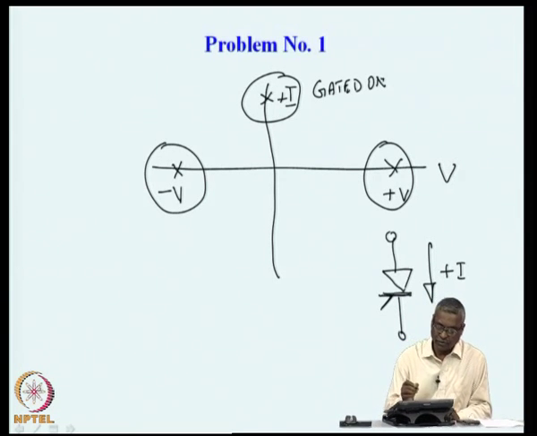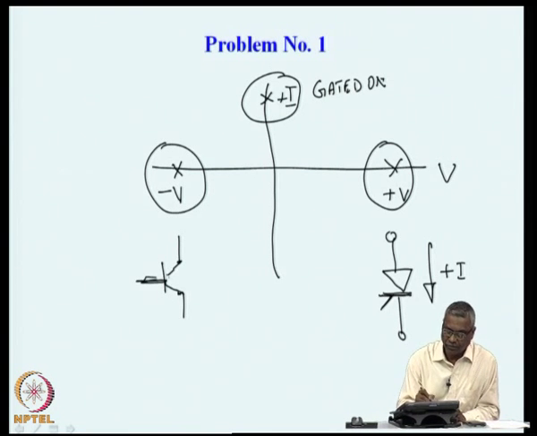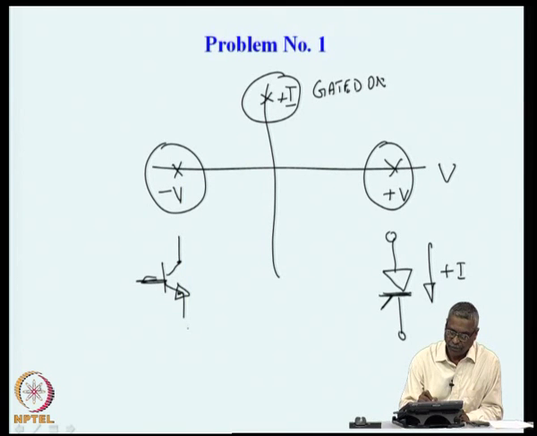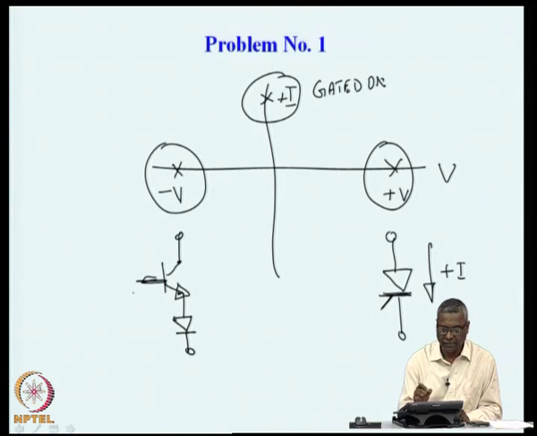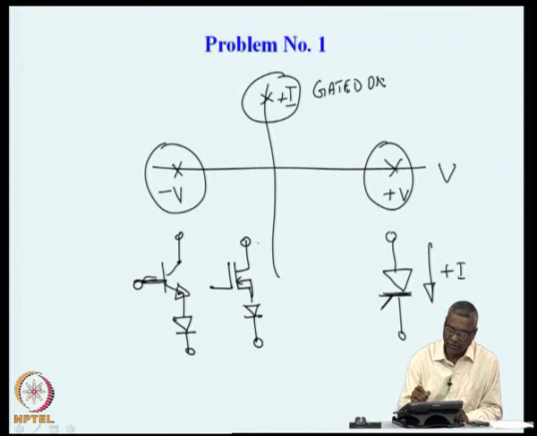It is also possible that we might use a transistor with a series diode, so that if the base current is given, this device will pass positive current, and when the device is not gated on, it can block either positive voltage or negative voltage. This also is a possible candidate, and in a similar way a MOSFET with a series diode can do the same function.